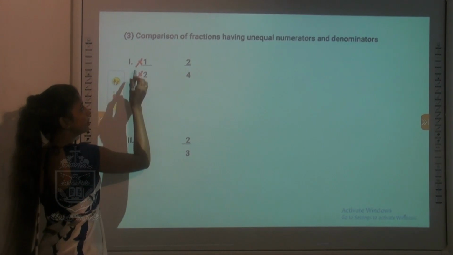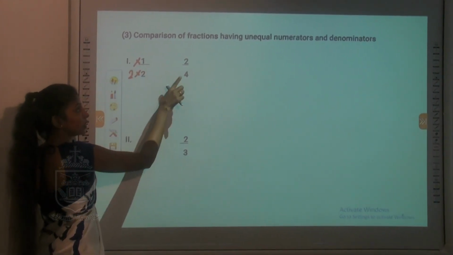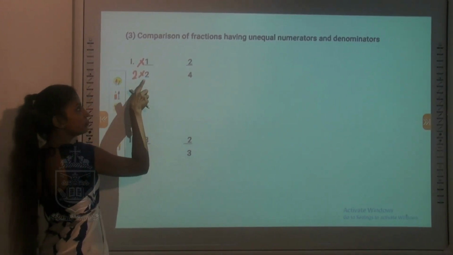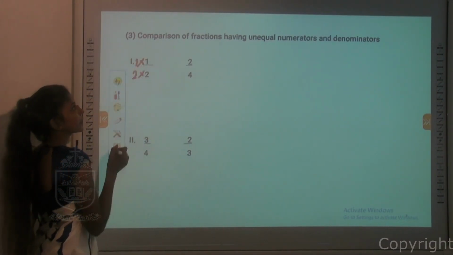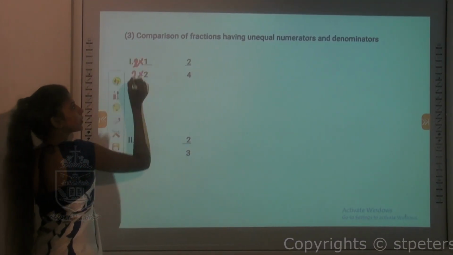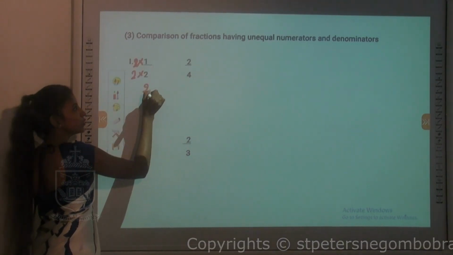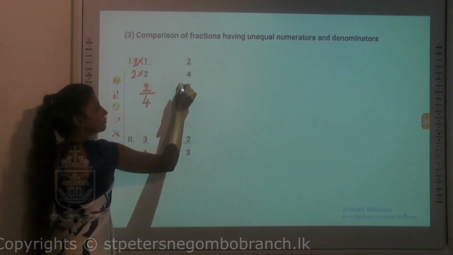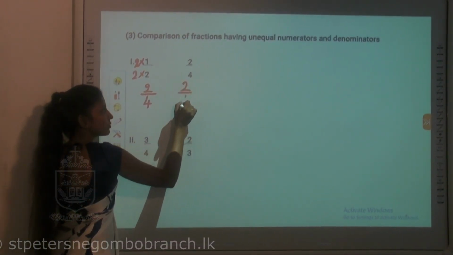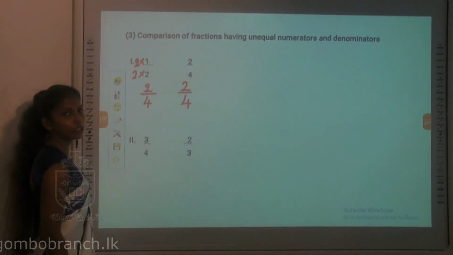So I'm going to multiply this by 2, because in order to obtain 4, you should multiply 2 by 2. So let's multiply. 2 times 1, answer is 2, 2 times 2, answer is 4. Here I didn't make any change because it already has the denominator 4.